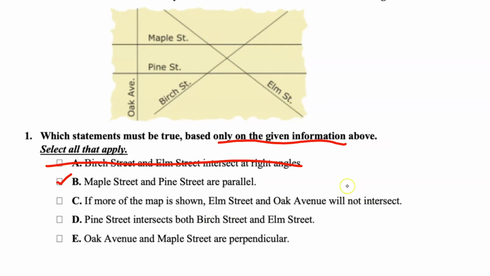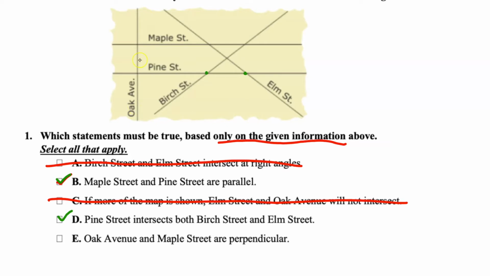So this is saying it will not intersect, but we know that it will intersect. So therefore, that's also incorrect. I think I'm going to put the correct answers with a green check. Pine Street intersects both Birch Street and Elm Street. Well, we can see Pine. We can see Birch and Elm. We can see Pine intersects here and there with Birch and Elm, so that's good. Oak Avenue and Maple Street are perpendicular.